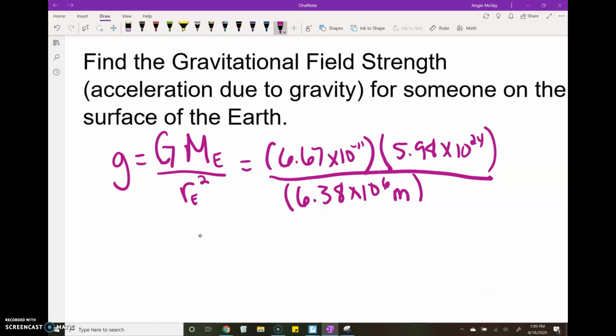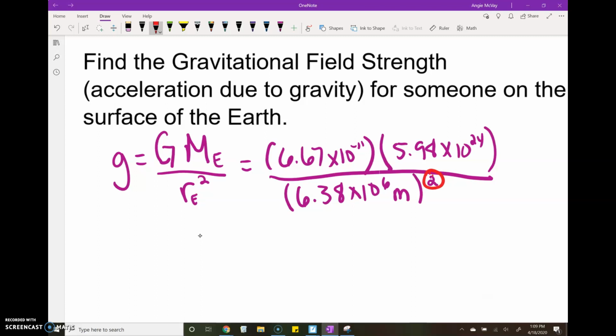Now remember, those distances are in meters. 6.38 million meters, again, the radius of the Earth. If we add the distance from the surface of the Earth to the center of us, we'd add another meter to get up from our feet to about our belly buttons, and that is not significant in this. And also don't forget that we want to square that distance. That's a common mistake.